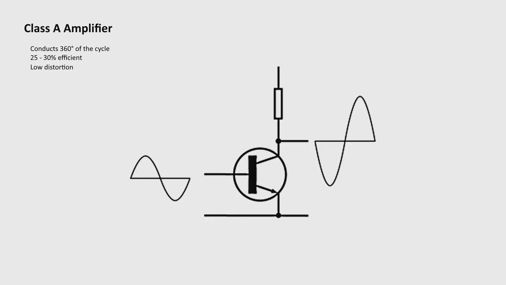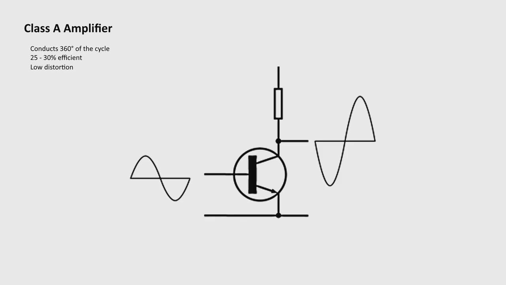For a Class A amplifier, let's just look at some things about it. This is a solid state one here, but Class A can be a tube type or a solid state amplifier, either one. You see on the left-hand side there at the base of the transistor, you've got a sine wave. And over on the right-hand side, we're seeing an amplified sine wave. It's the same wave, only bigger because it was amplified.